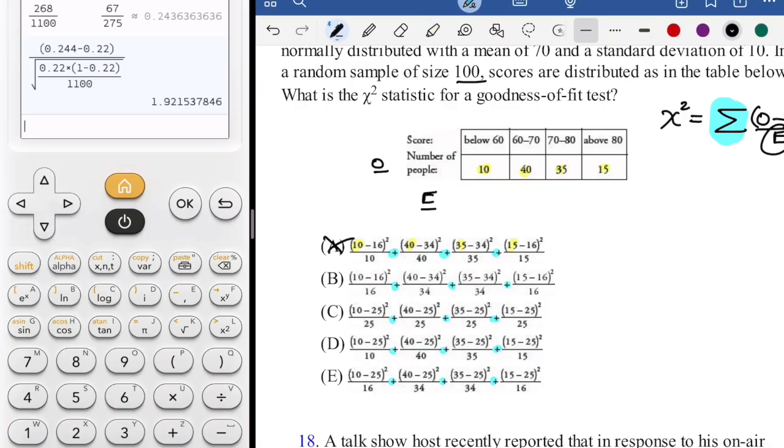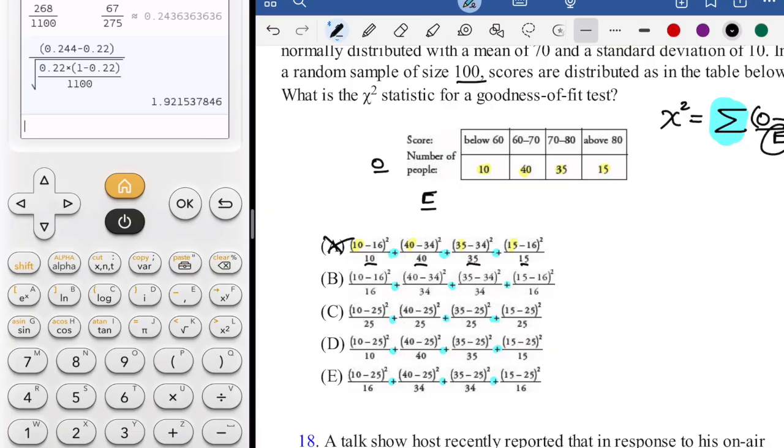The problem is these need to be the expected values, and that's not necessarily the case. And again, we gotta watch out for it being a trick question. So we'll keep an eye on this, but we're just gonna eliminate A for now. B, let's see, 10 minus 16 over 16, 40 minus 34 over 34, and so on. It's in the right format, so we're good there.